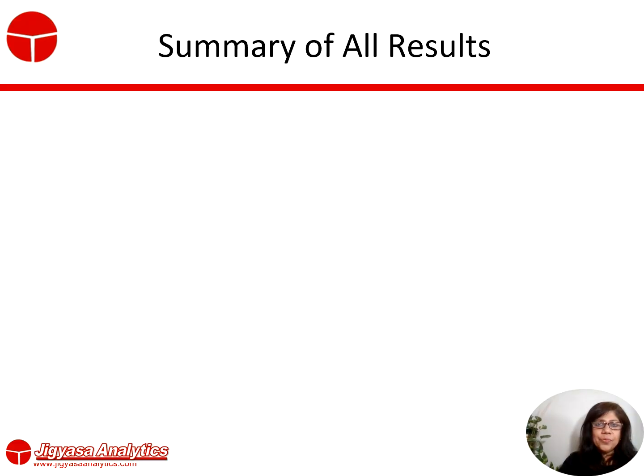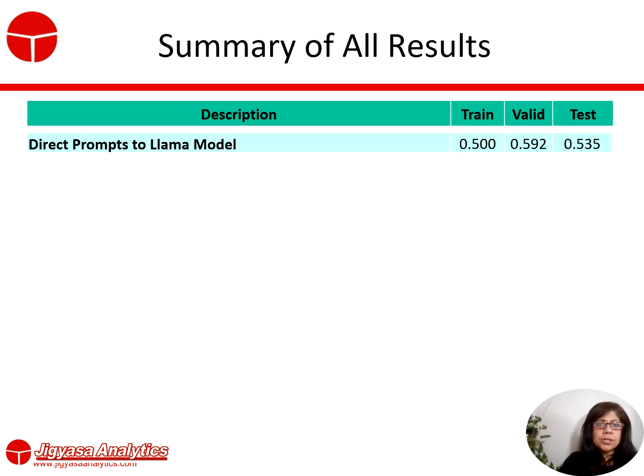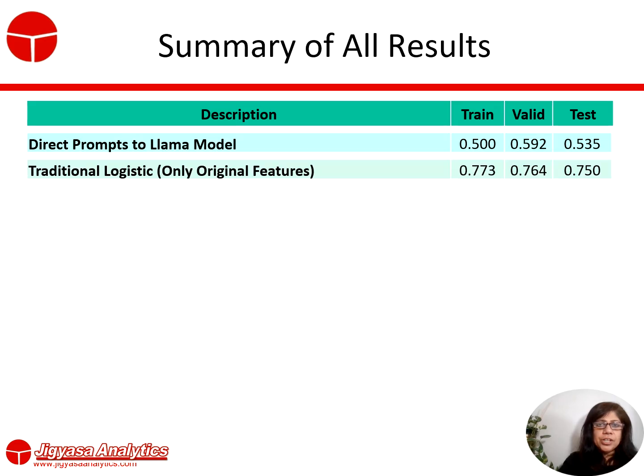On this slide, we present a summary of the key findings from all of our experiments. In our previous webinar, we performed the first experiment by directly giving a prompt to the llama model. We found that its predictions were not significantly better than those of a random guess. The traditional logistic regression model performed much better than the llama model, as shown in the second row of this table here.